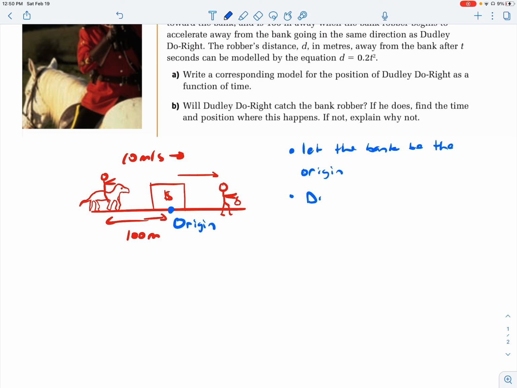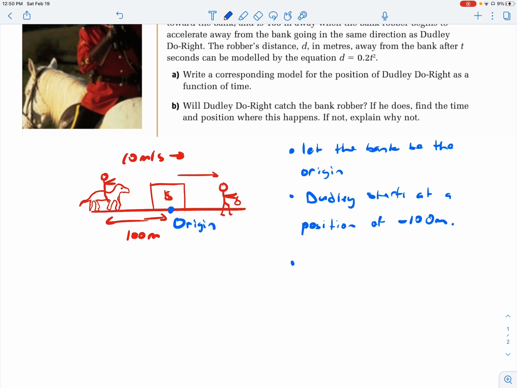This means that Dudley starts at a position of negative 100 meters, because if this is 0, he starts off back here. That's going left, so that's a negative position. So he's actually starting off at negative 100 meters.